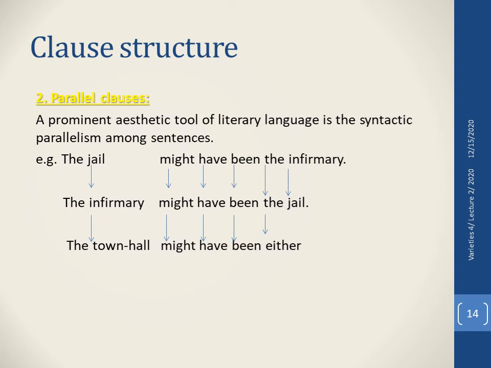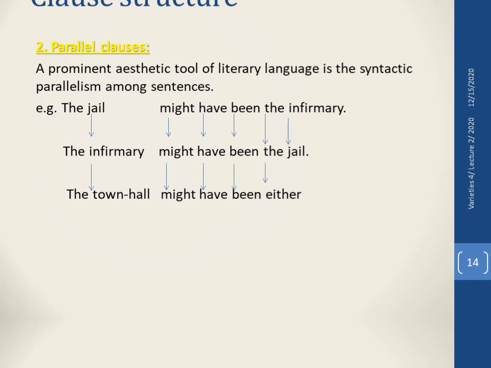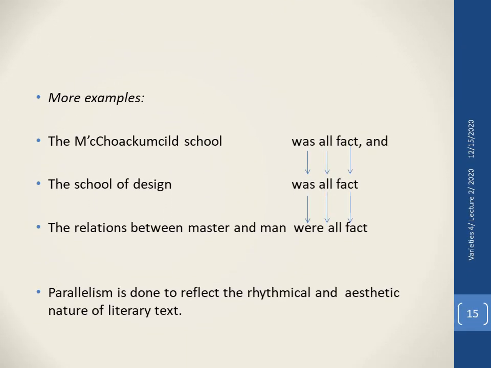The jail might have been the infirmary. The infirmary might have been the jail. The town hall might have been either. Okay. Another example, we can find it in the upcoming slide. That's it. This is the example.